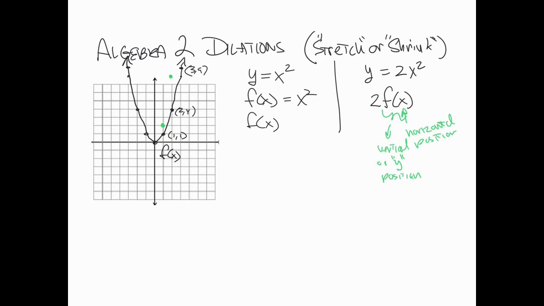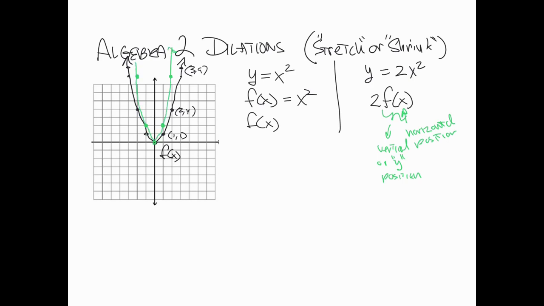I'm not plotting that one. And on the left-hand side, we're going to get the same thing. Each y coordinate gets multiplied by 2. So I'm transforming these points upward by a factor of 2. And then, of course, I can connect that up.